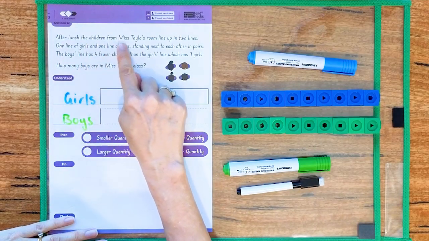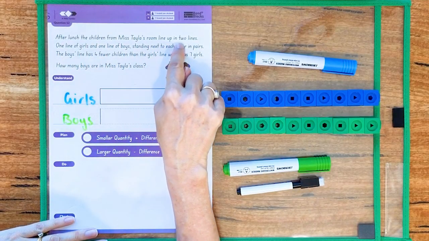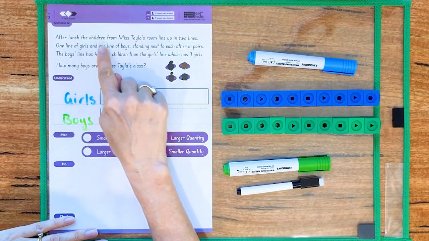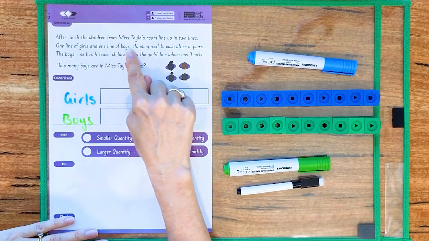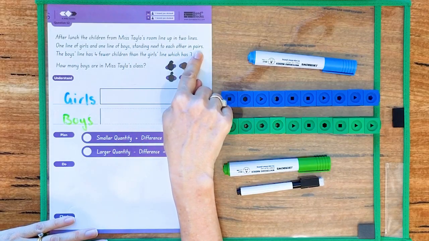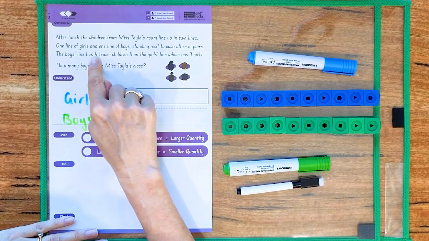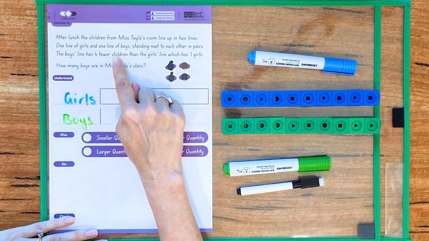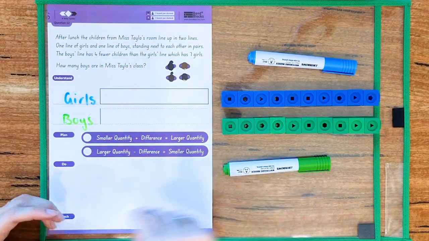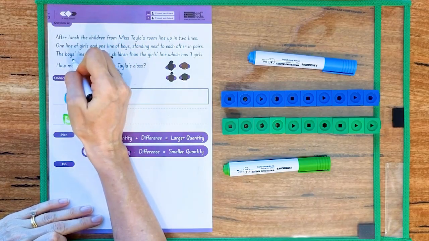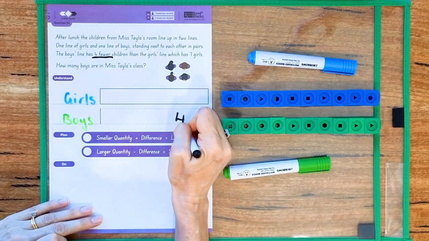After lunch, the children in Miss Taylor's room line up in 2 lines. One line of girls and one line of boys standing next to each other in pairs. The boys' line has 4 fewer children than the girls. So 4 fewer is the difference.